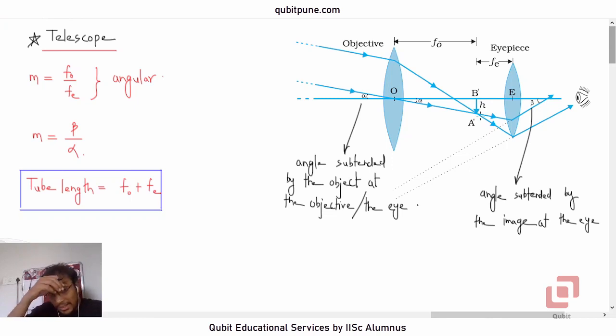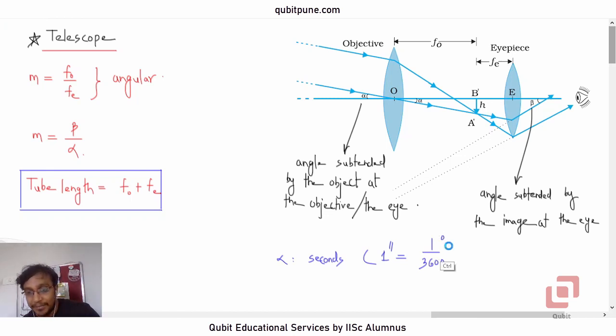In the case of telescopes it is angular magnification. Say alpha is in seconds, not time. One second is 1 upon 3600 part of a degree, a much smaller unit of angle, and beta can then be a degree or even half a degree.